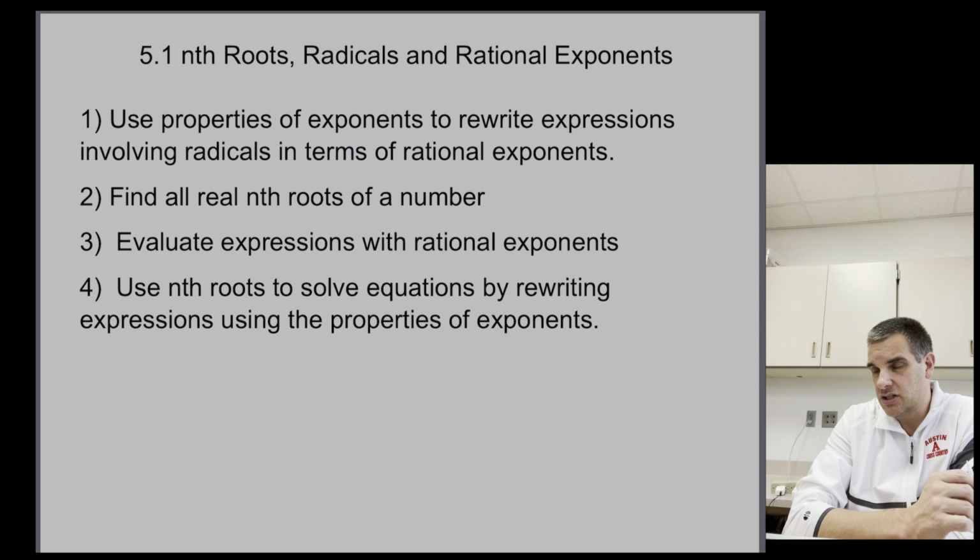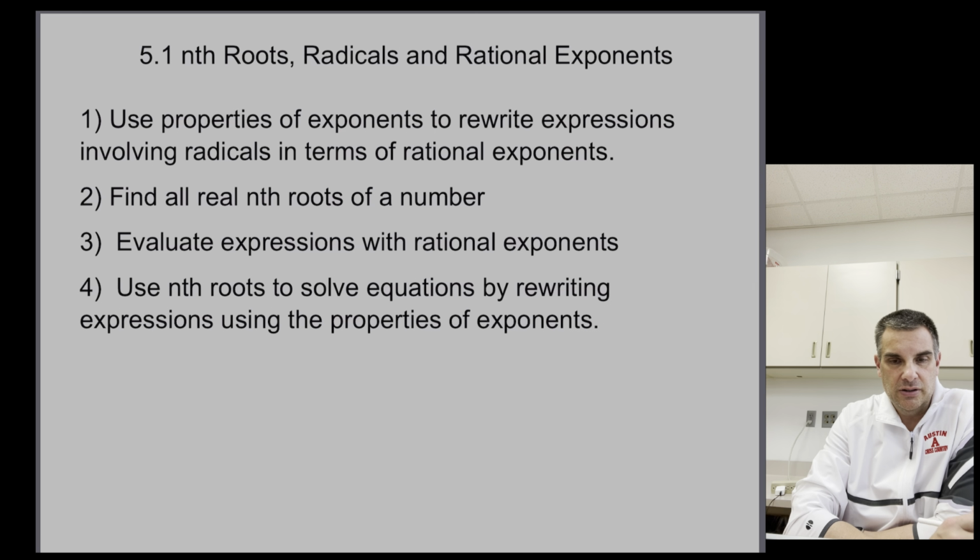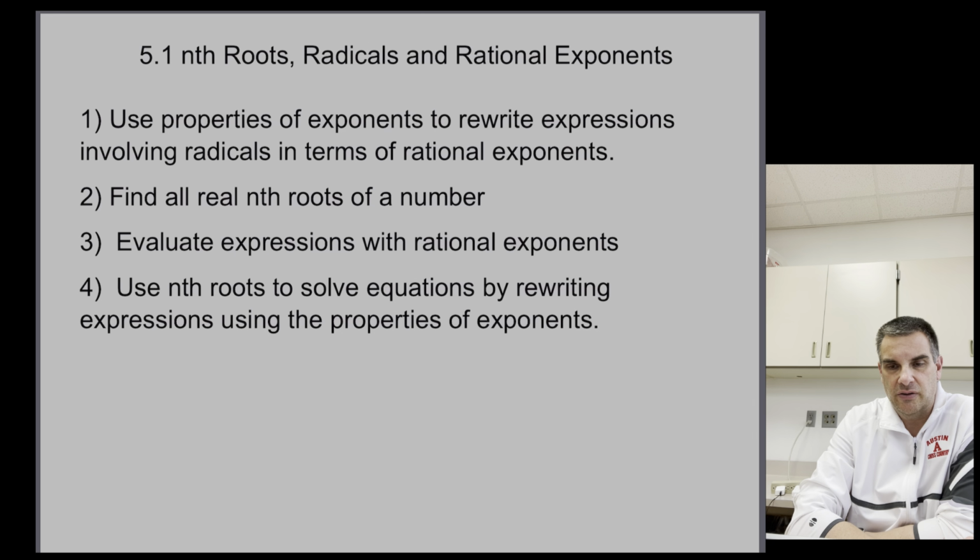So the first section of Chapter 5 is really going to deal with 3 or 4 things. The section's title is Nth Roots, Radicals, and Rational Exponents. We're going to use the properties of exponents to rewrite expressions involving radical terms and rational exponents.